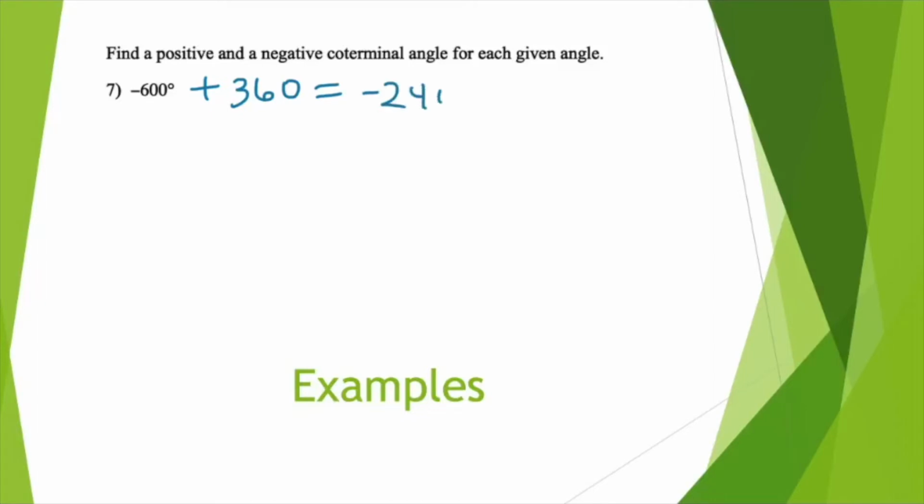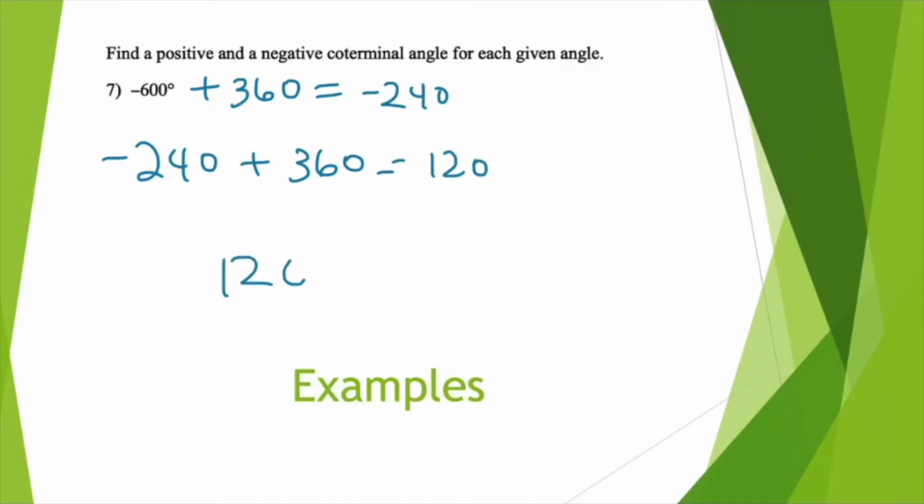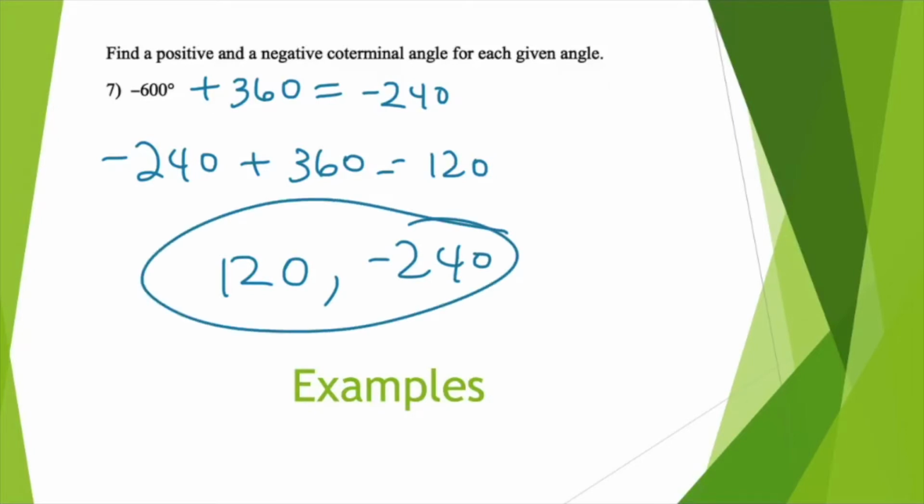So I'm going to take that negative 240 and add 360 to it again so we can get a positive, and I get 120. Now I have 120, which is positive, and negative 240, which is negative. And so that gives me our positive and our negative.